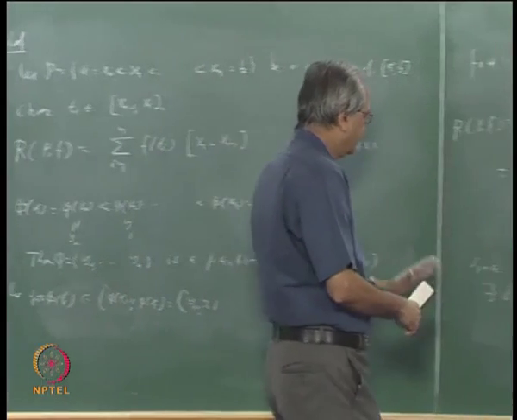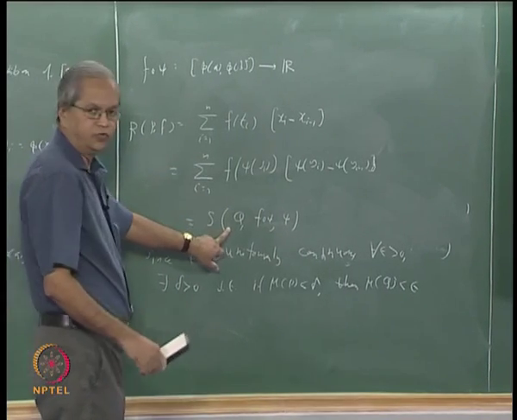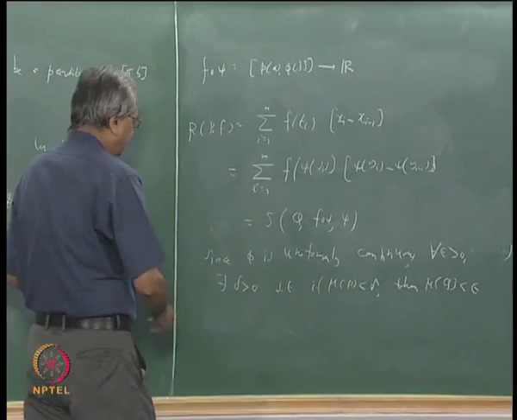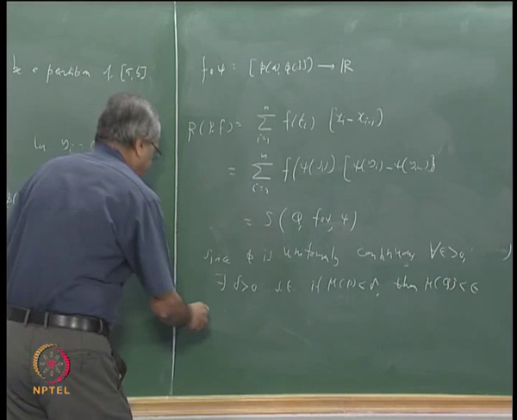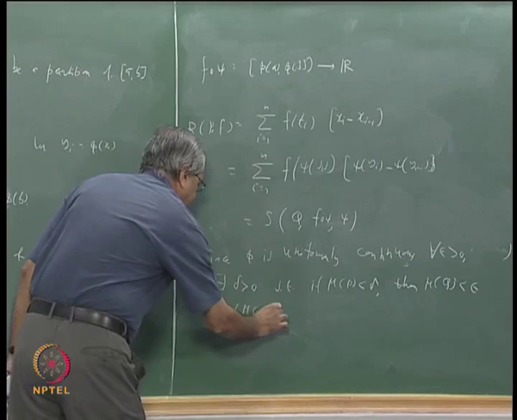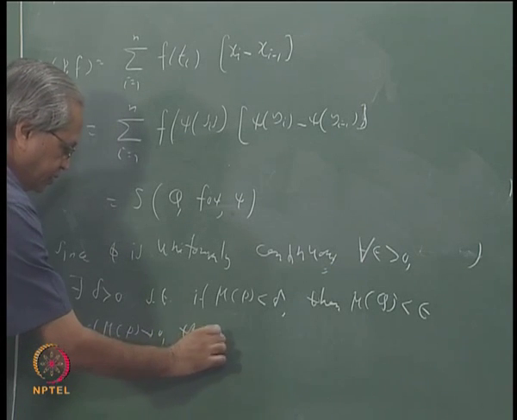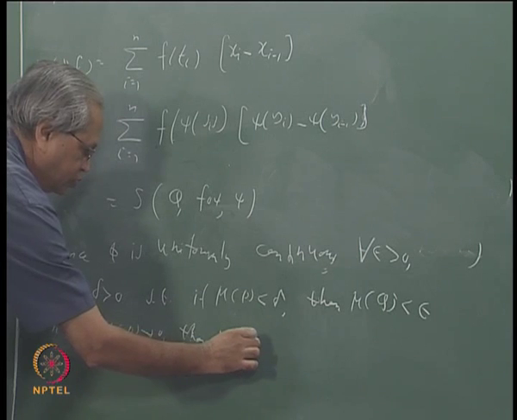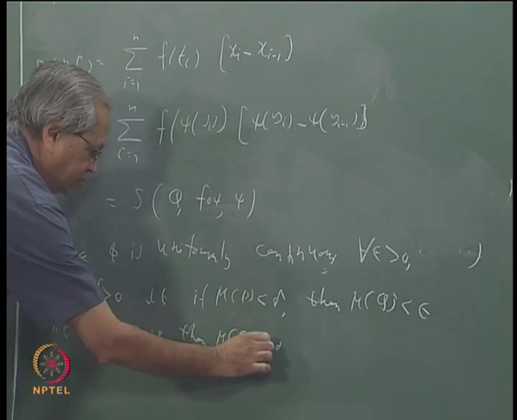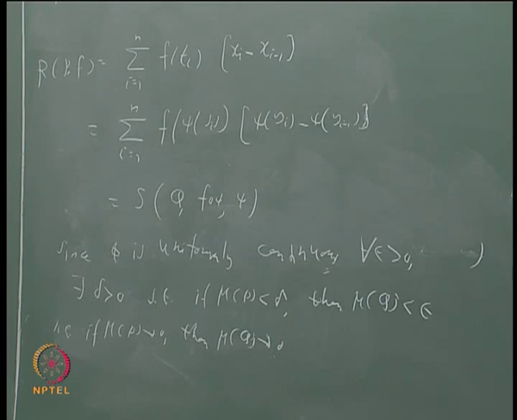So in other words, if the mesh of P goes to 0, the mesh of Q goes to 0, and that is the end of the proof. So we let the mesh of P go to 0.